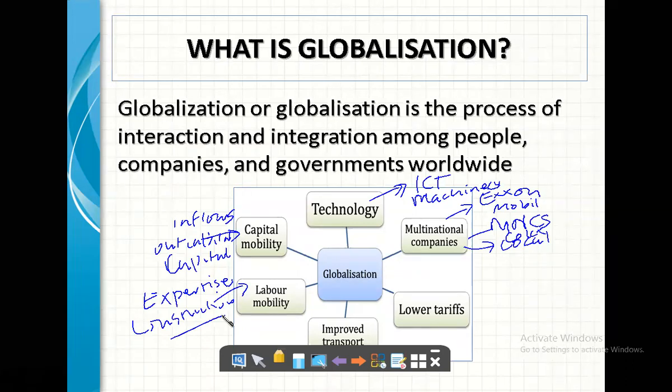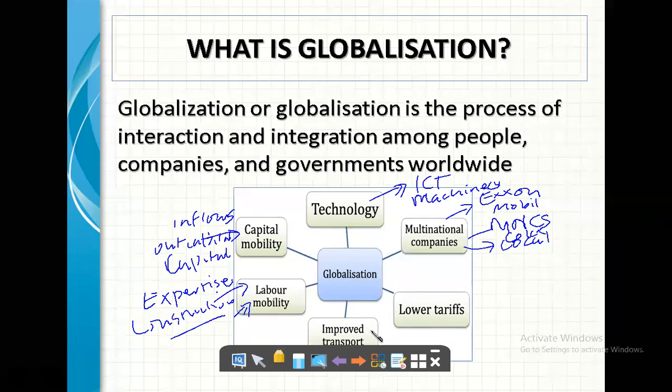Like I have explained in the past, with labor mobility, because of tied aid and grants, some of the labor force that we are supposed to provide is provided by the countries that give us those grants or aid. So labor mobility is a common factor in globalization.